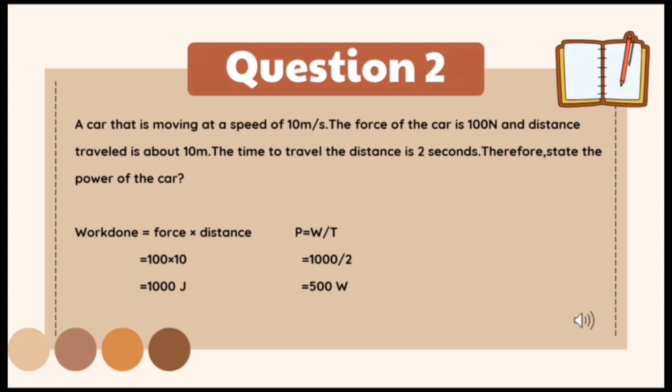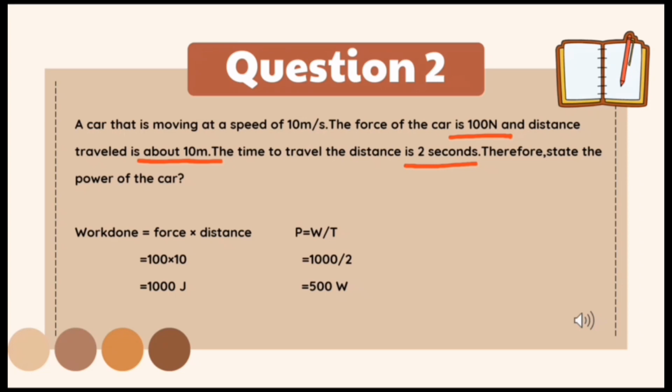Next, a car is moving at a speed of 10 meters per second. The force of the car is 100 Newton and the distance traveled is about 10 meters. The time to travel the distance is 2 seconds. Therefore, state the power of the car.